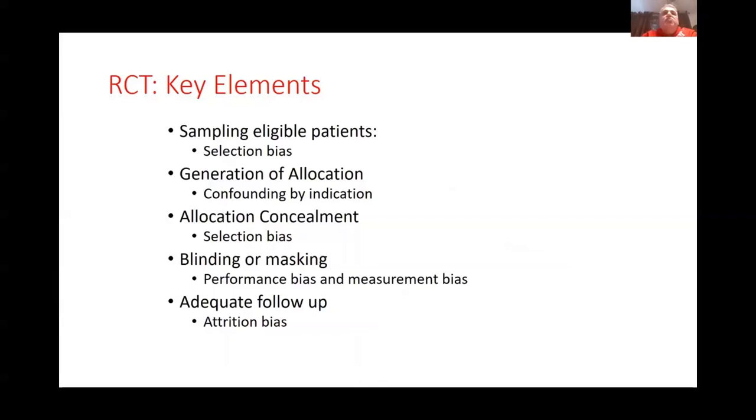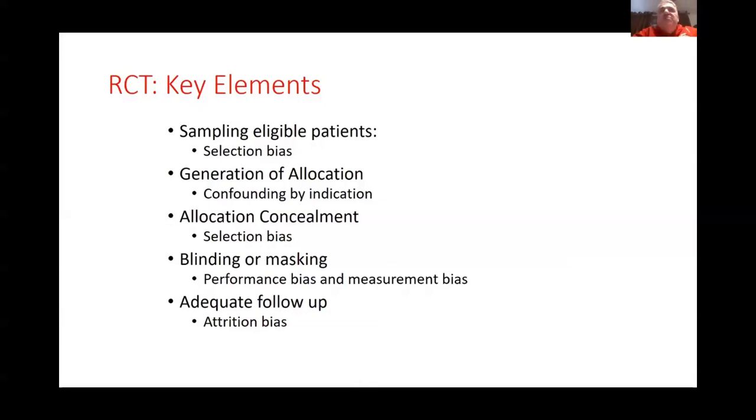We have to do very transparent sampling of eligible patients, so I have to respect my inclusion-exclusion criteria very well in order to avoid selection bias. Also I have to generate my allocation in order to reduce confounding by indication, and use allocation concealment to also avoid selection bias.